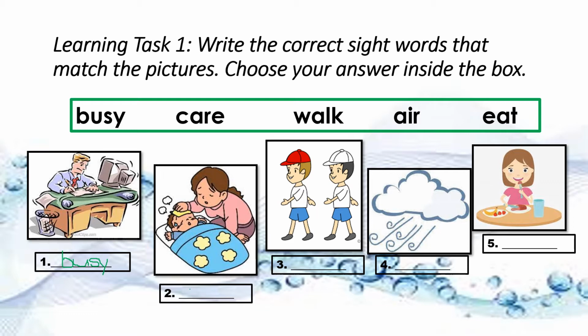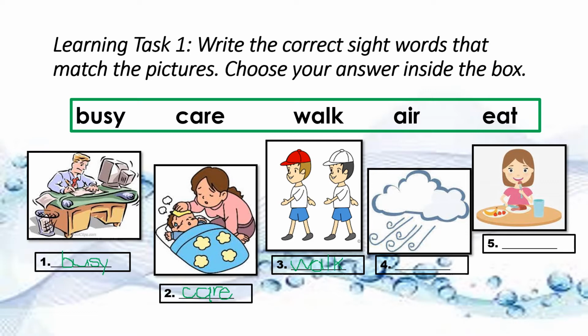Oh, it's care. You get it? Okay. Let's write the word care. Okay, good. Next, number 3. What is this? What are they doing? Oh, walk. Correct. Let's write the word walk.